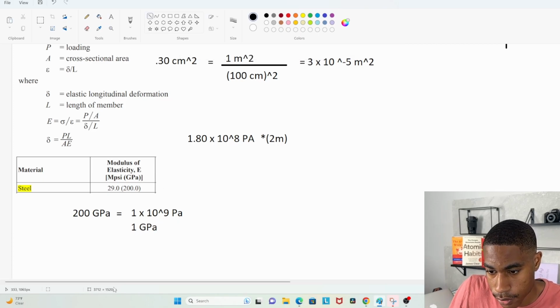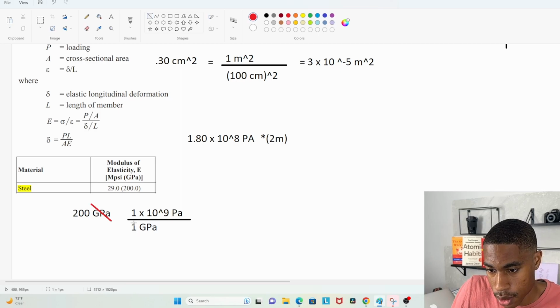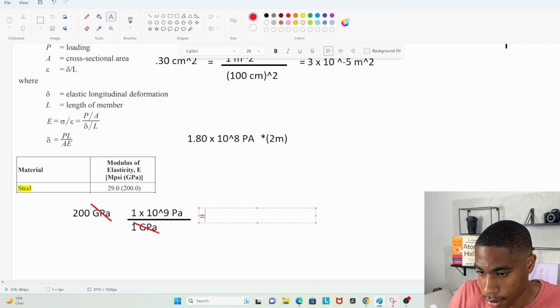So hopefully this unit conversion makes some sense in your mind. It's kind of confusing with this equals, but my GPAs do actually cancel, and I am left with, so now it's time to put my equals. Don't want this in red.